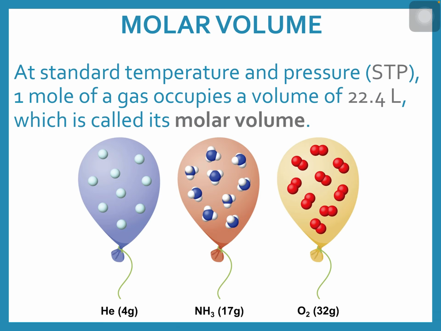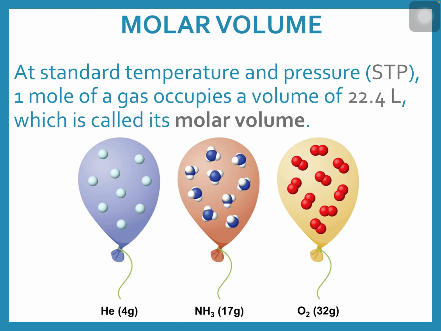Molar volume is at STP and SATP. We have the volumes that they take up. So the molar volume, the volume per 1 mole of gas at STP, so 0 degrees Celsius and 101.3 kilopascals, is 22.4 liters.